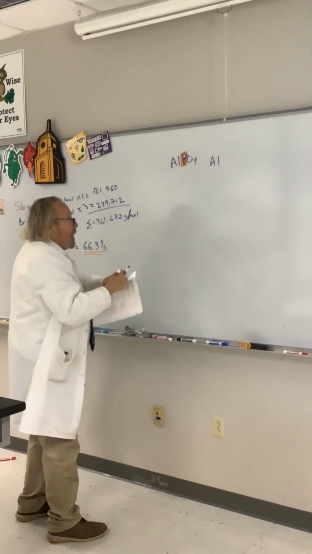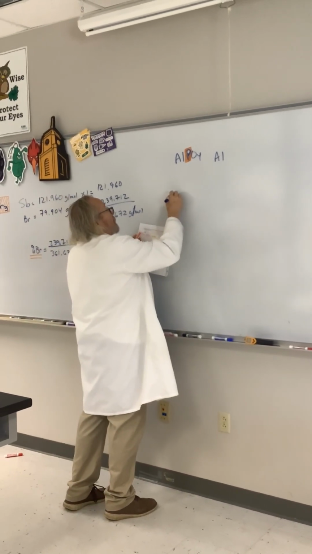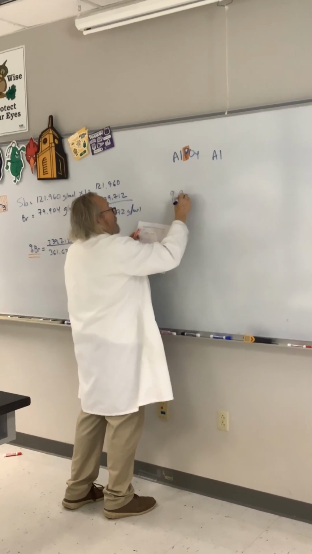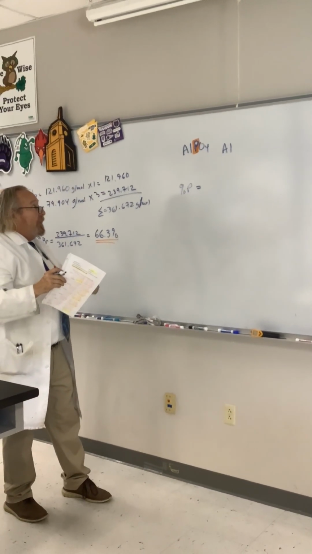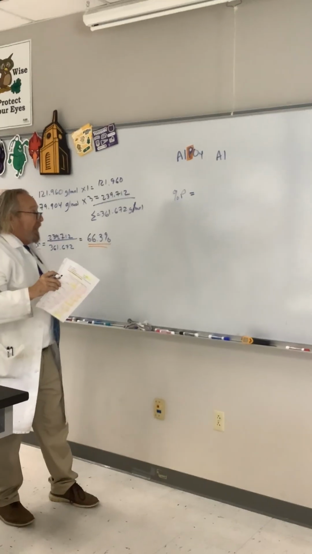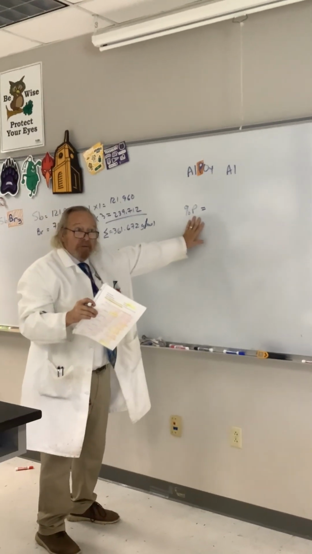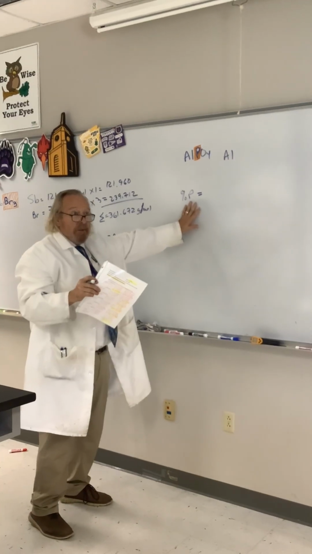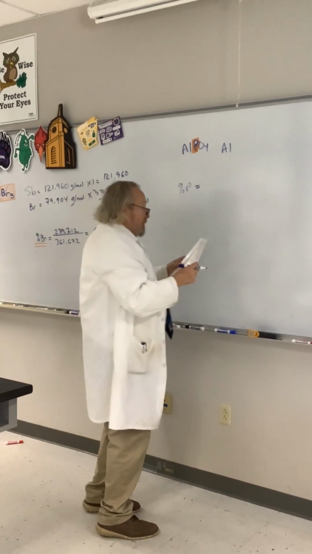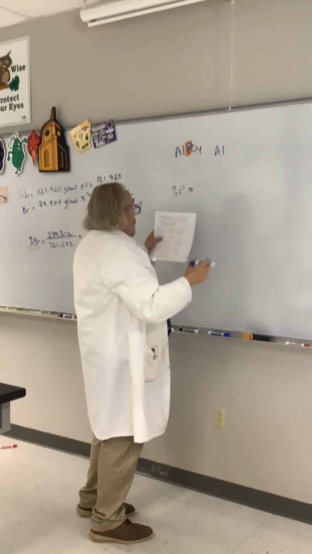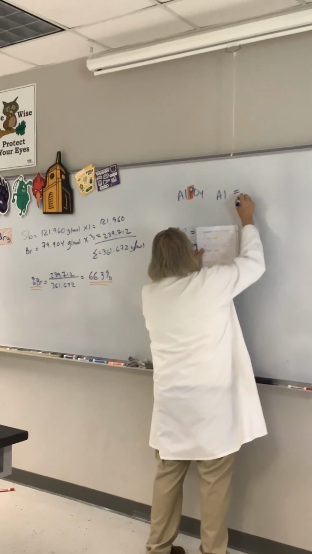I want to know the percent phosphate. It's equal to the mass of 1 phosphate divided by the mass of the total compound. What percent of that ionic compound is made up of phosphorus?